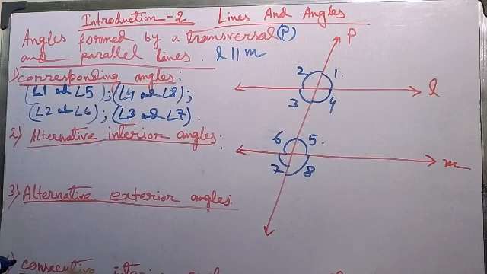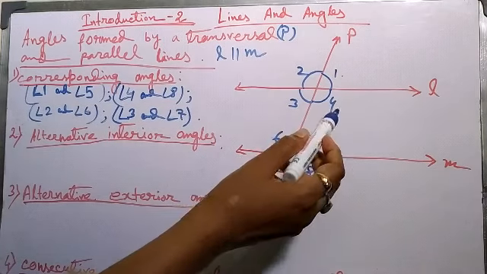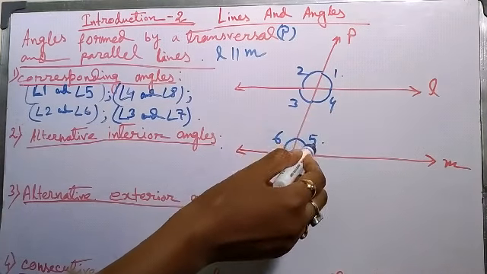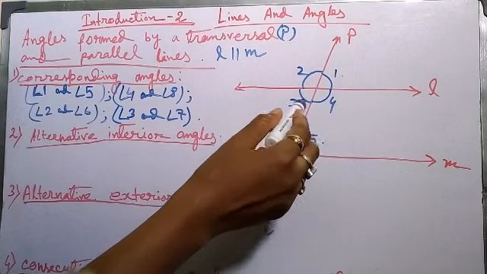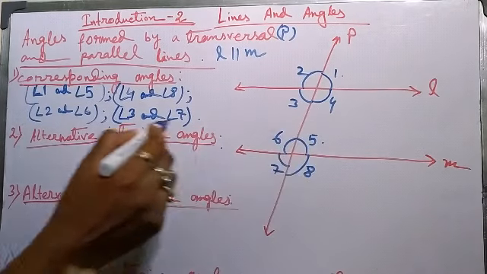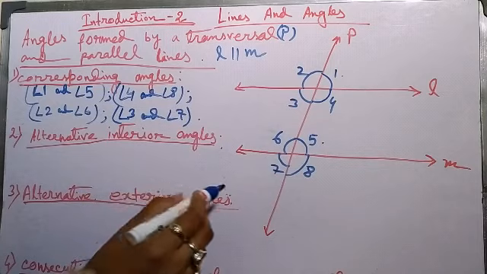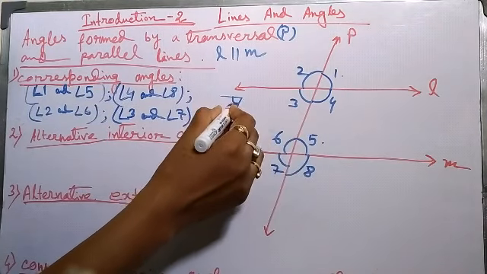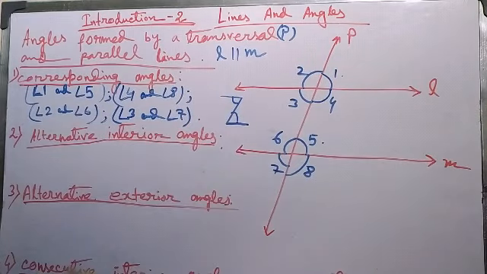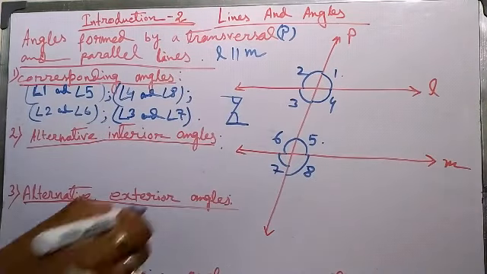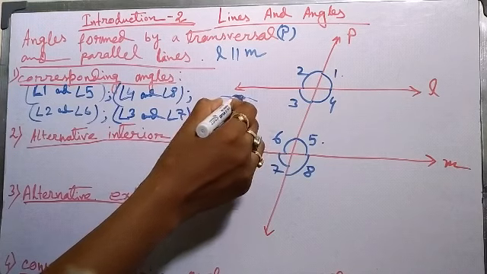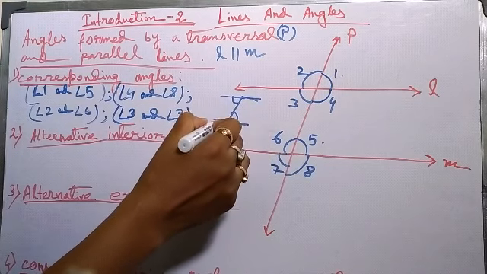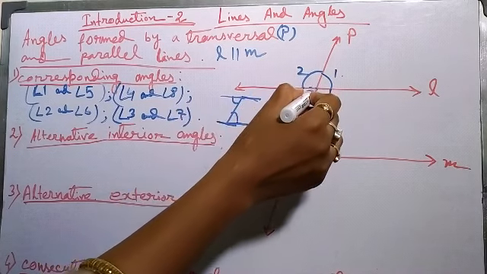Alternative interior angles. Interior angles, I told you, are angle 4, angle 3, angle 5, angle 6. These all are interior angles. Alternative interior angles means the angles are formed in a Z form. These are parallel lines, and this is the transversal.